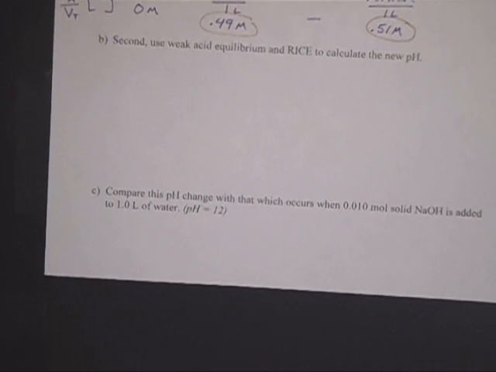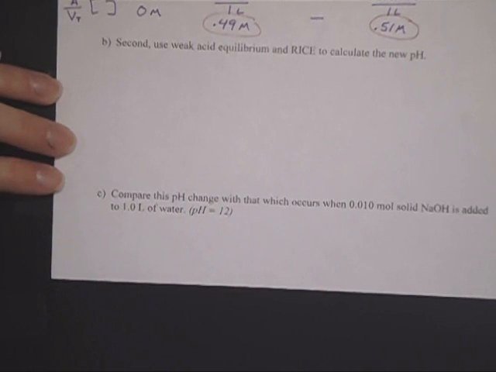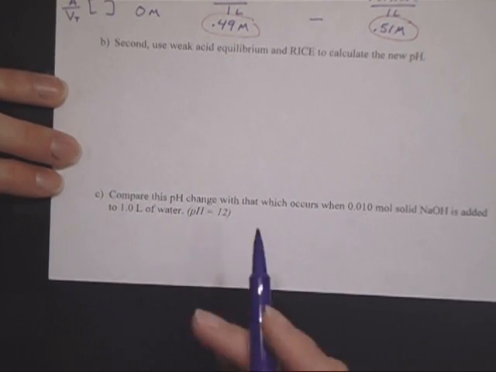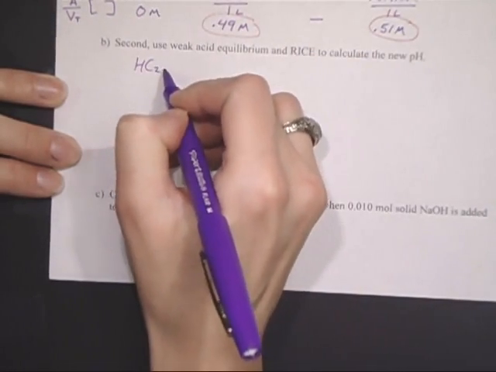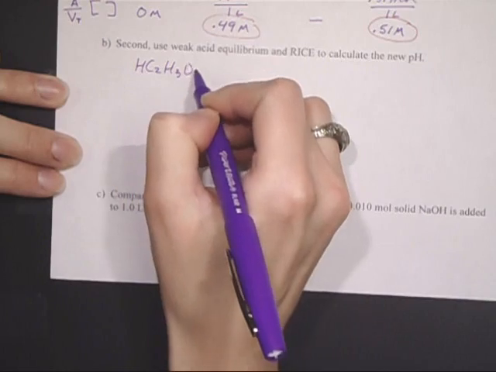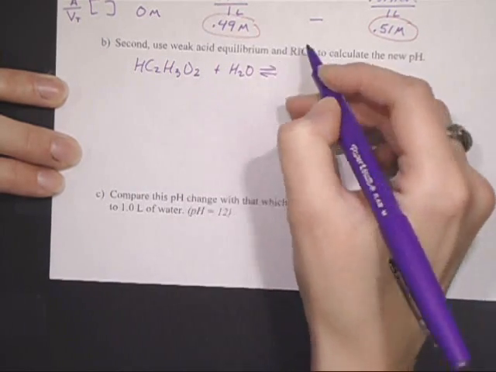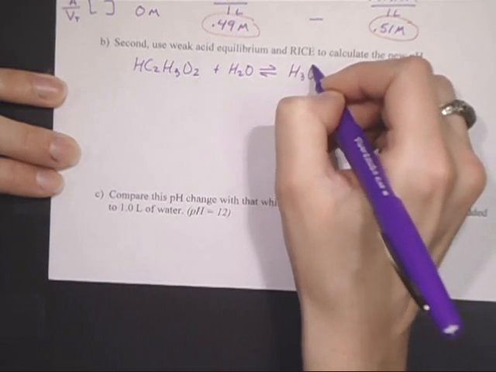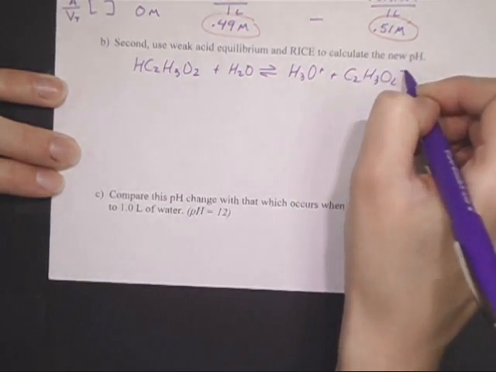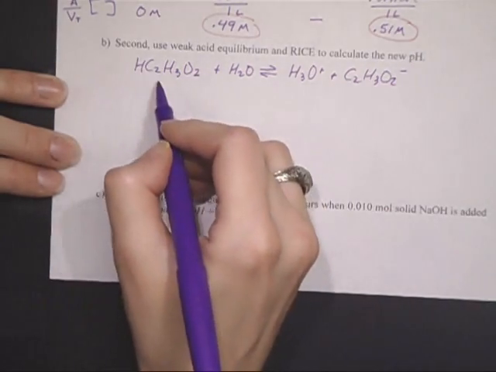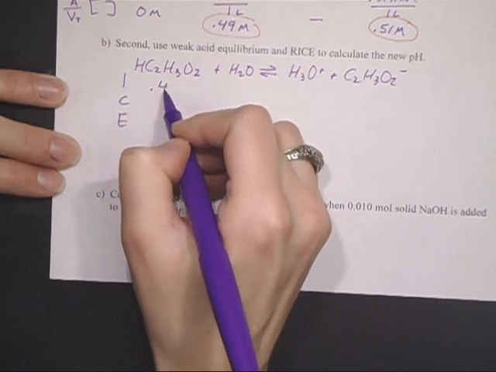For part B, it says, second, use weak acid equilibrium and RICE to calculate the new pH. So this, back to the acetic acid, is our weak acid equilibrium again. We're back to an equilibrium situation, double arrows. I'm going to bring down my values from above and generate a new RICE table.